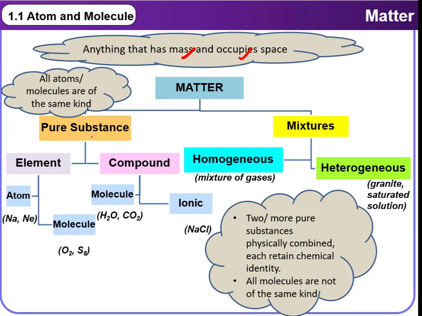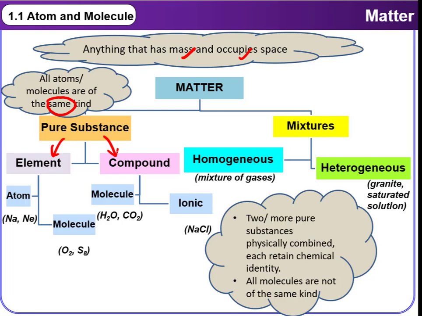What is pure substance? Pure substance contain all atoms or molecules of the same kind. So the keyword here is the word same kind, okay? And it can be classified into elements and compounds. What is element?